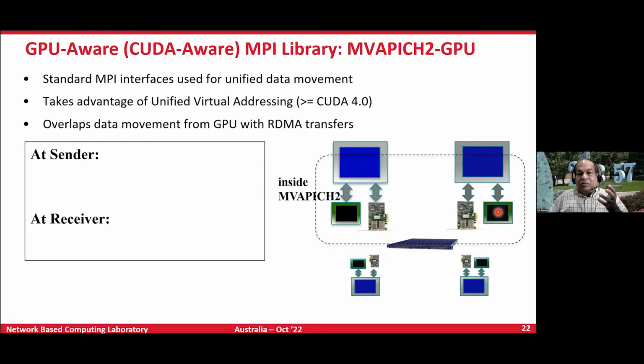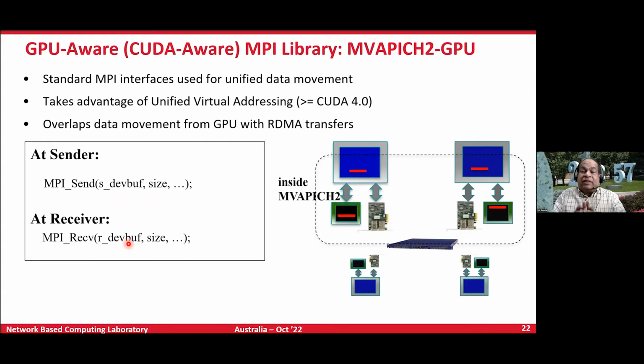We proposed a change in the paradigm. Instead of doing all those steps, can we just specify MPI send from the send buffer, and on the other end just call MPI receive on the receive buffer, and everything else will happen within the MPI library? Based on the message size and the destination, it will find the automatic path.